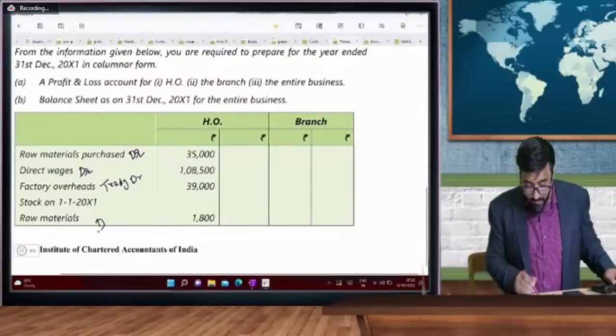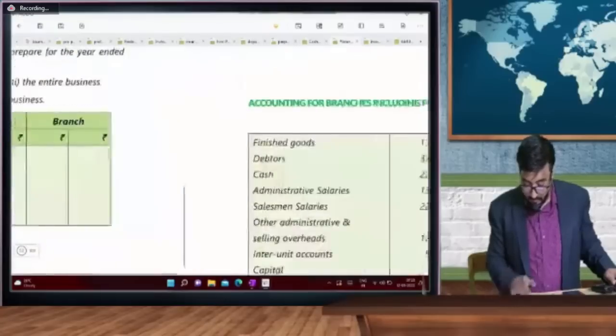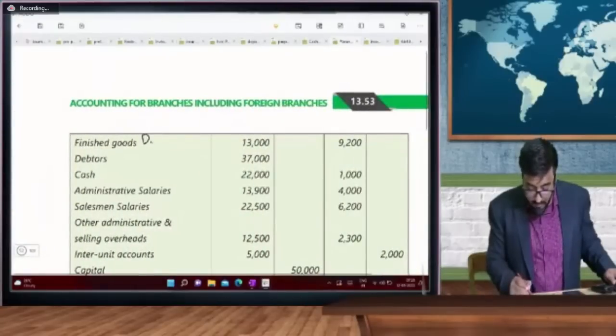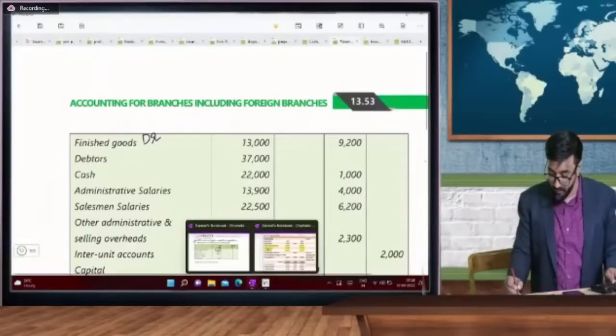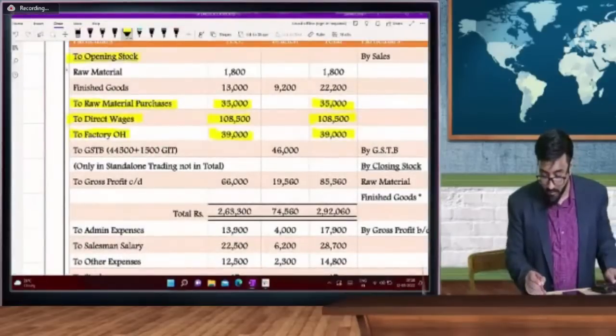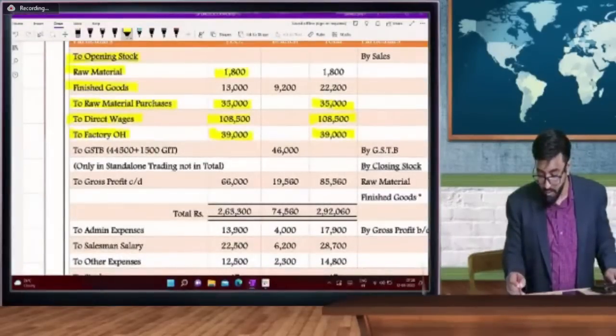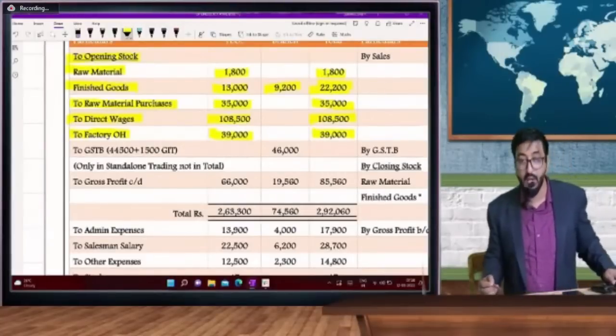Opening stock, 1,800. Finished goods, debit, 13,000, 9,200. So here, opening stock, raw material and finished goods. 9,200 is a finished goods calculation.